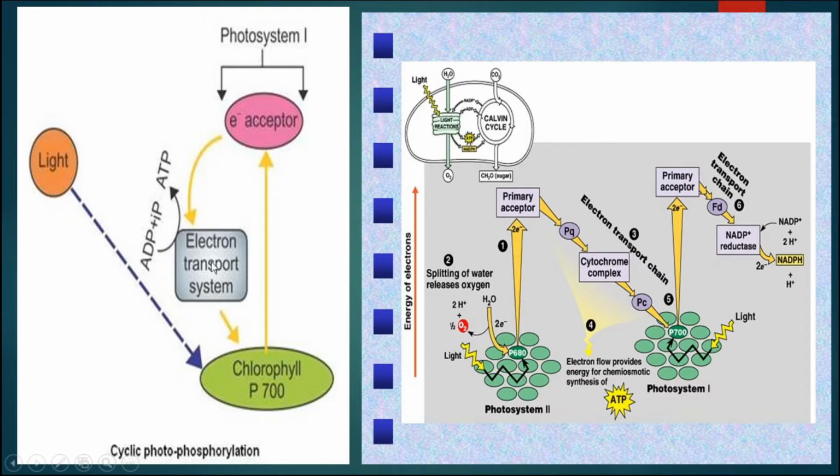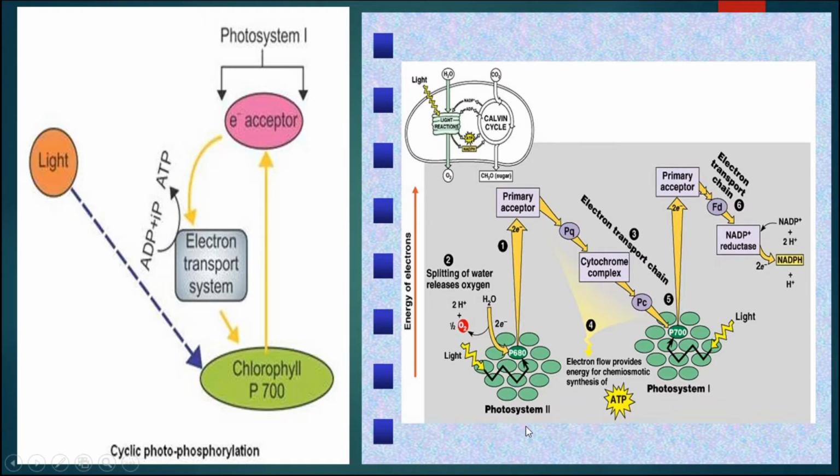During this electron transport, ATP is synthesized by using ADP and inorganic phosphate, that is known as photophosphorylation, and because the electron is coming back to the pigment system, it is known as cyclic photophosphorylation, and the output is only ATP.